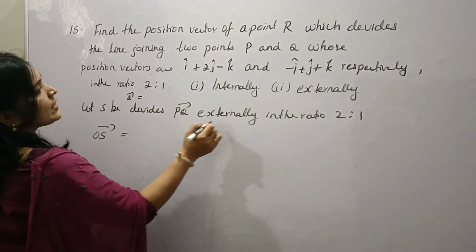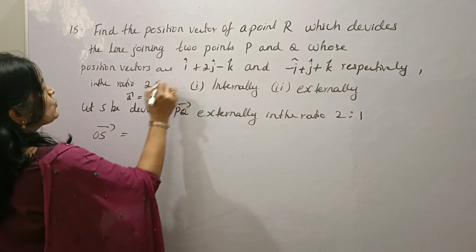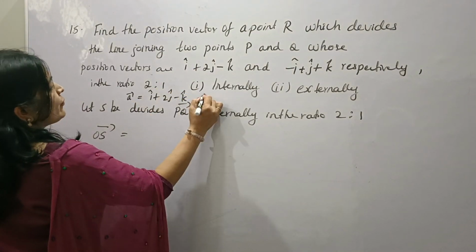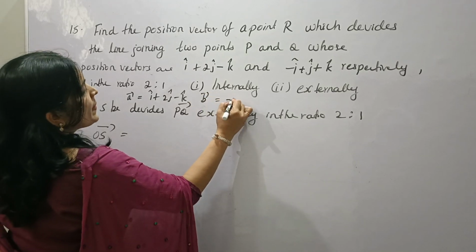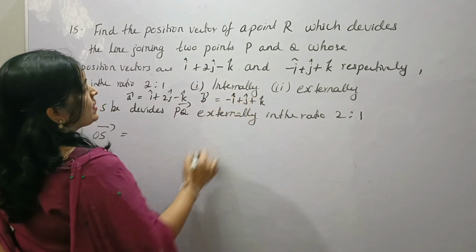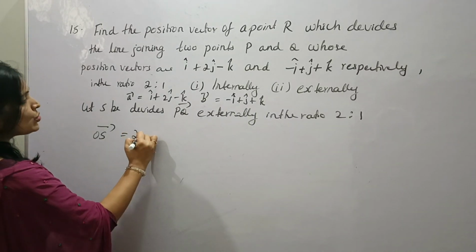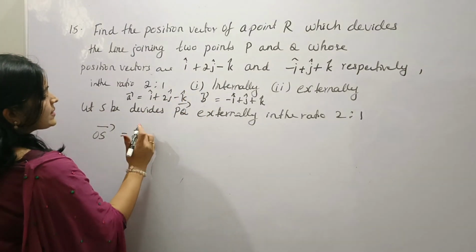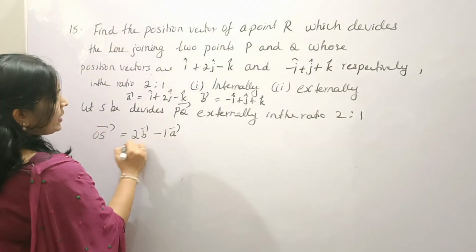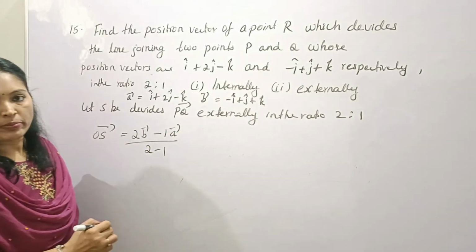Here vector A is equal to this one, right? i plus 2j minus k, and vector B is equal to minus i plus j plus k, right? So here 2 into vector B minus 1 into vector A divided by 2 minus 1. It is the formula, okay?